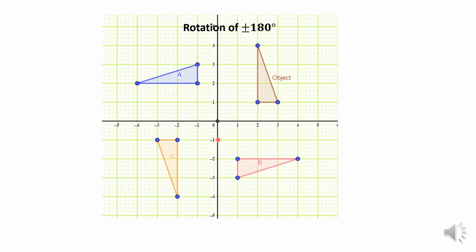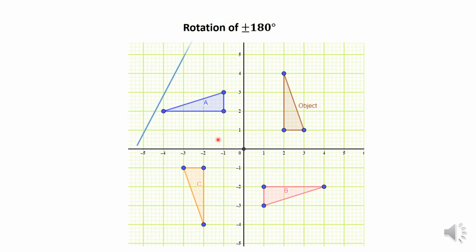Now for 180, it's very interesting. If you are now joining corresponding points, that point corresponds with this point, and this particular point here corresponds with that point. What you are realizing is that when you do that, they are straight. It's a straight angle, and they are meeting at the center of rotation.